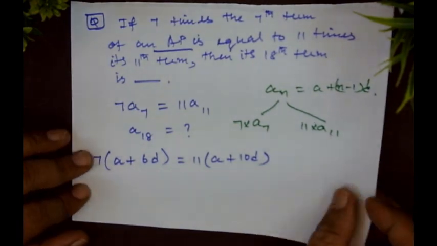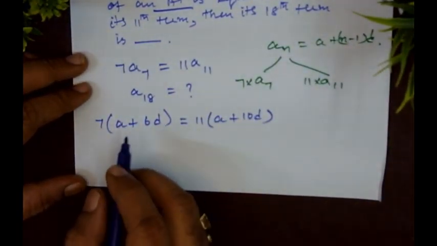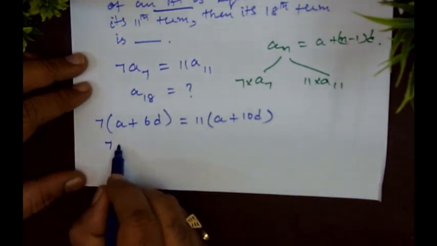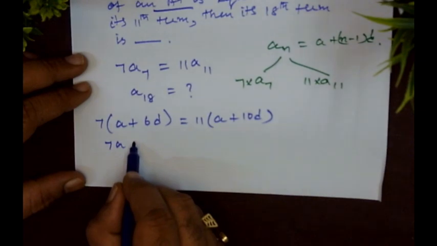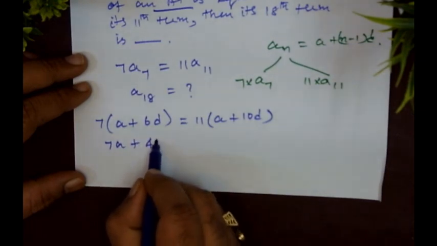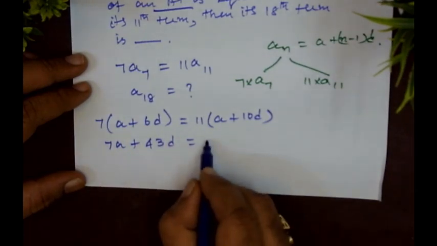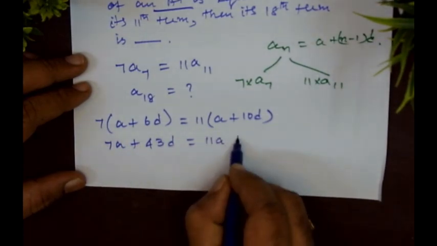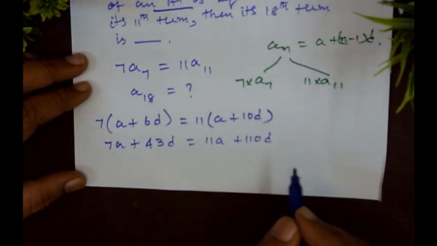Now let us expand it. Our objective is to find out the 18th term. So 7a plus 7 times 6d, 42d, is equal to 11a plus 110d.